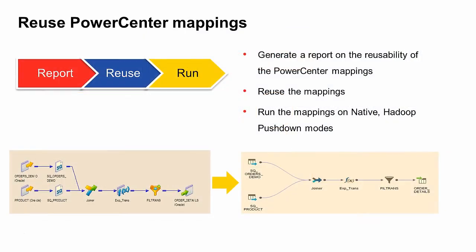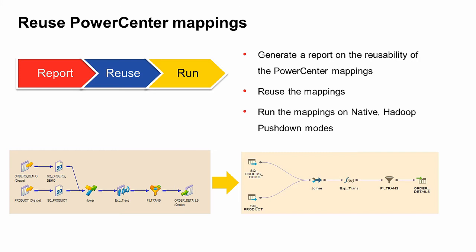In terms of PC reuse, the idea is that you want to generate a report that identifies PowerCenter mappings that can be run on the Hadoop cluster. This report builds it out into three different categories. First, if I take a mapping, will it run on the Hadoop cluster?